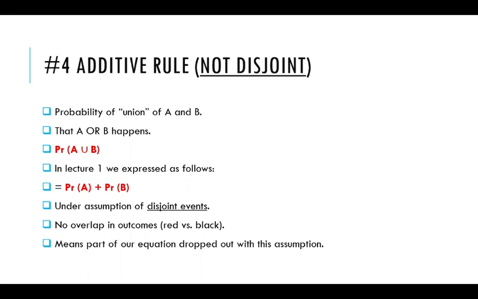So here's the thing, something dropped out of that equation. What we have to do now is put it back. So I hope I'm being clear. The equation we've been using for additive rules, something fell out because we had disjoint events. Now we're going to put it back.